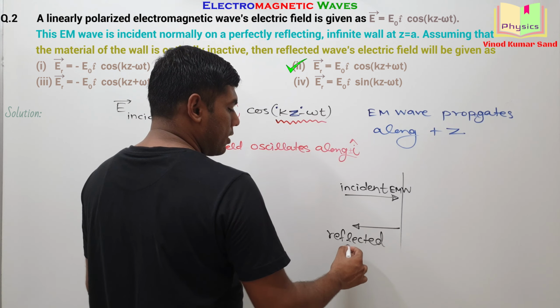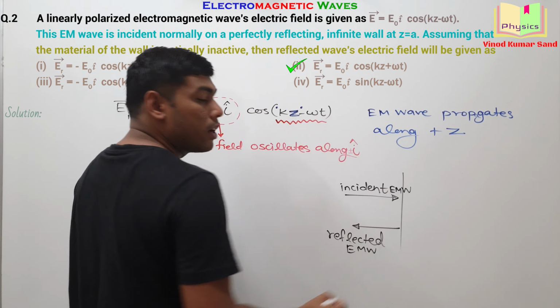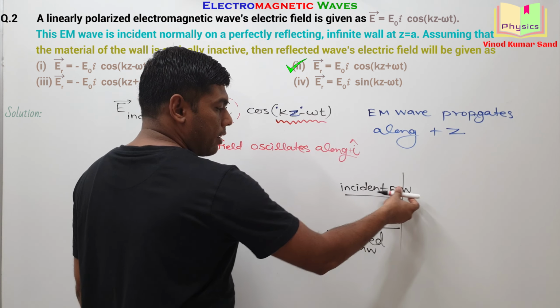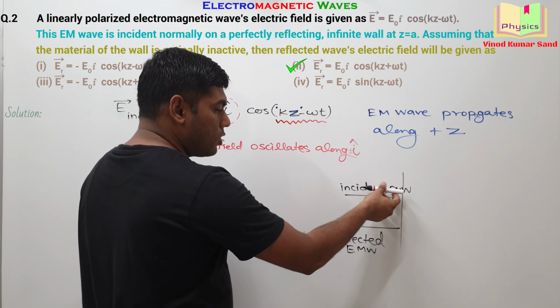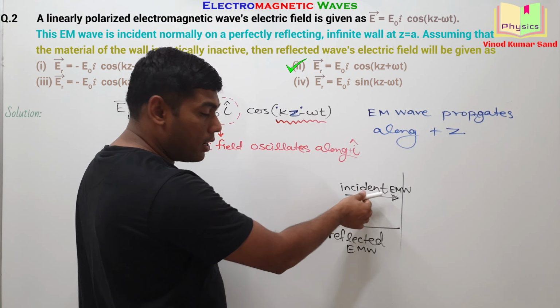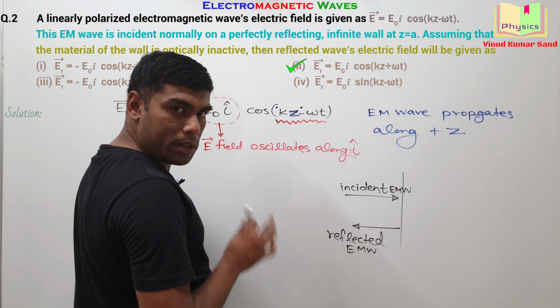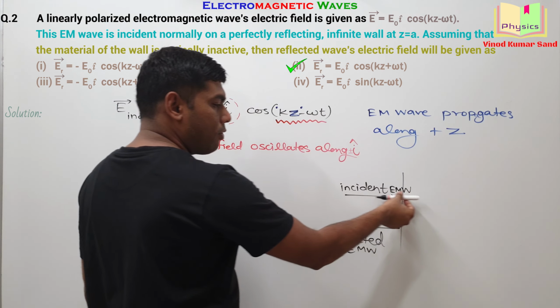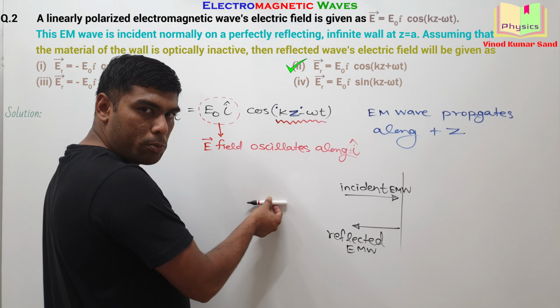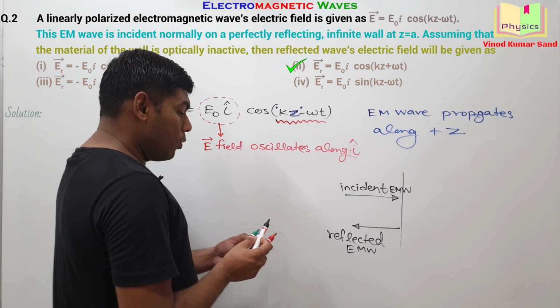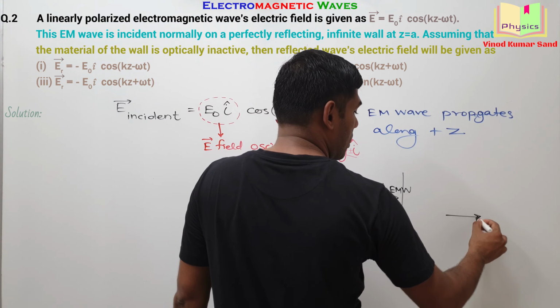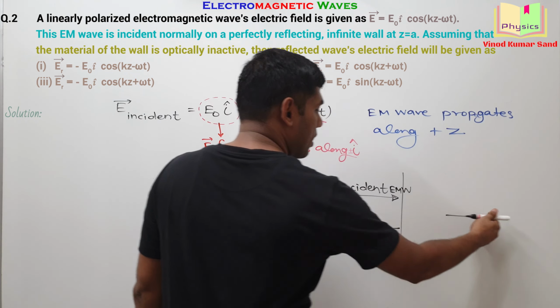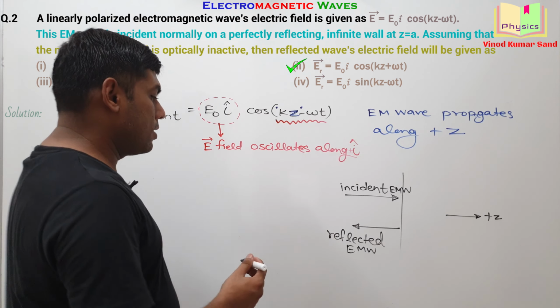This is the reflected electromagnetic wave. So actually it will be traveling along the same line. Just for the sake of simplicity, I am showing it displaced a little bit. If incident light is like this, the reflected light will be in the opposite direction. Now this direction has been chosen as plus z, then this direction will be the minus z.